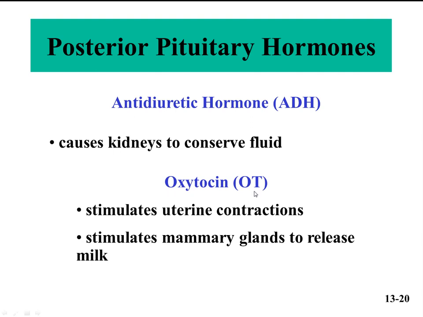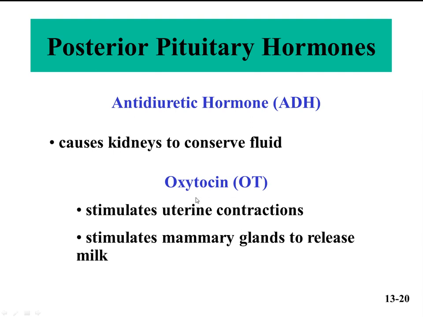And then after the birth of the baby, oxytocin is given for uterine contraction to give up the afterbirth, and also to try to stimulate that uterus more so it can shrink and go back to its normal size. So oxytocin is given to induce labor, and then after birth it is given to help to deliver the afterbirth and reduce the size of the uterus.